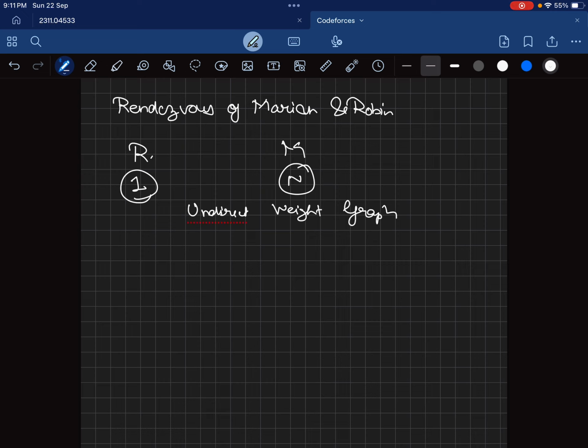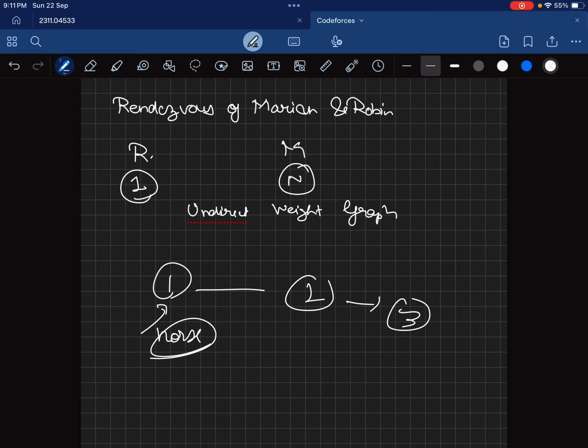In this question we are given an undirected weighted graph, and our graph looks something like this, and on every vertex we may or may not have a horse.